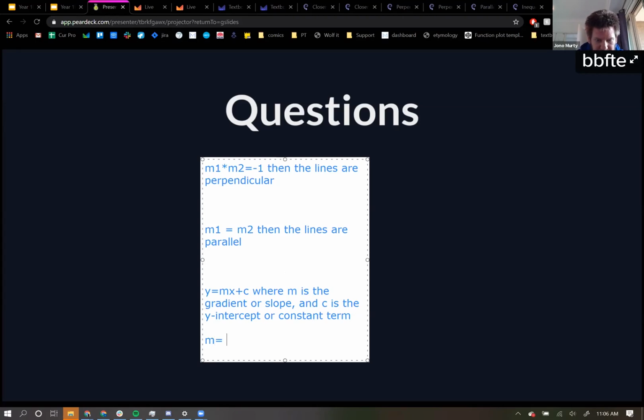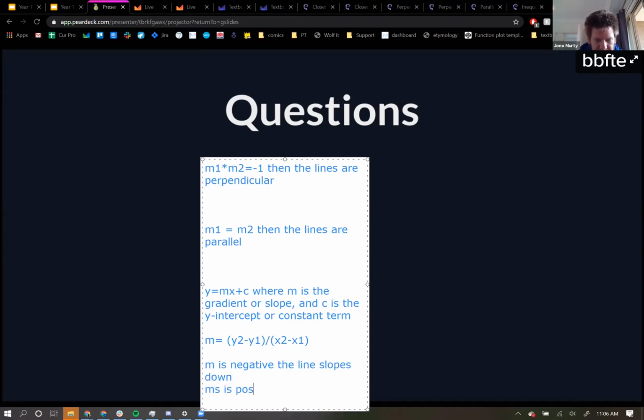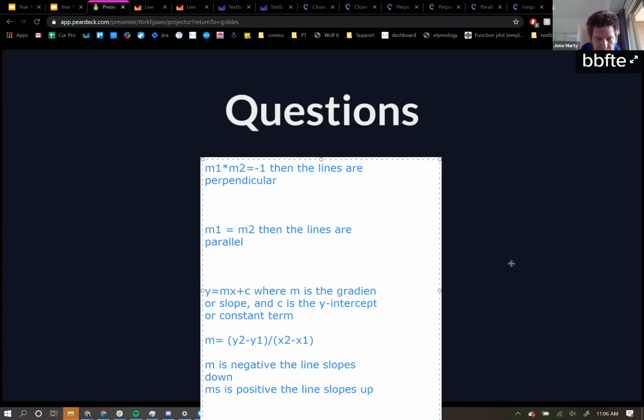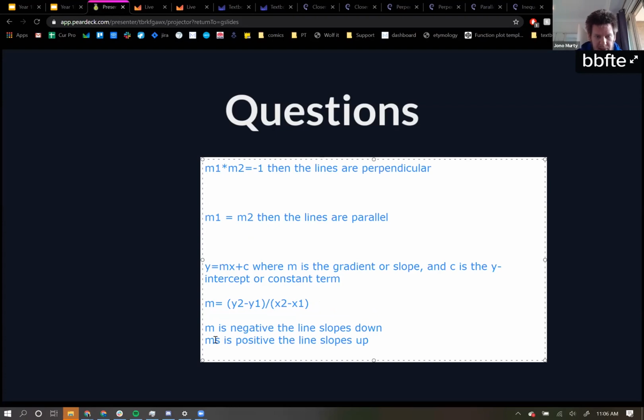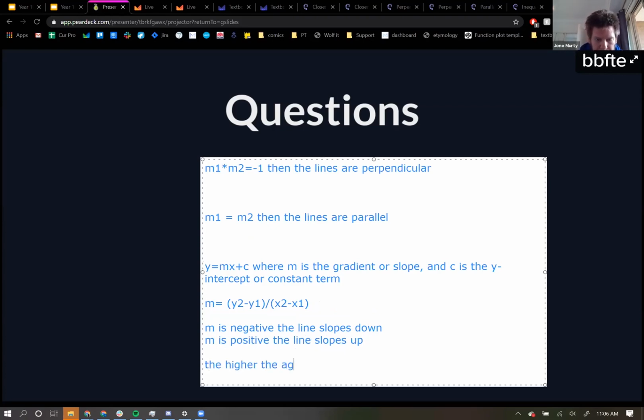And we have our gradient formula, m equals y2 minus y1 over x2 minus x1. If m is negative, the line slopes down. If m is positive, the line slopes up.